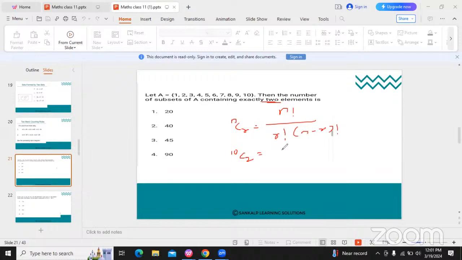Factorial 10. Fast, students, because it needs a very fast solution. Yes, you can chat it and give the answer fast.